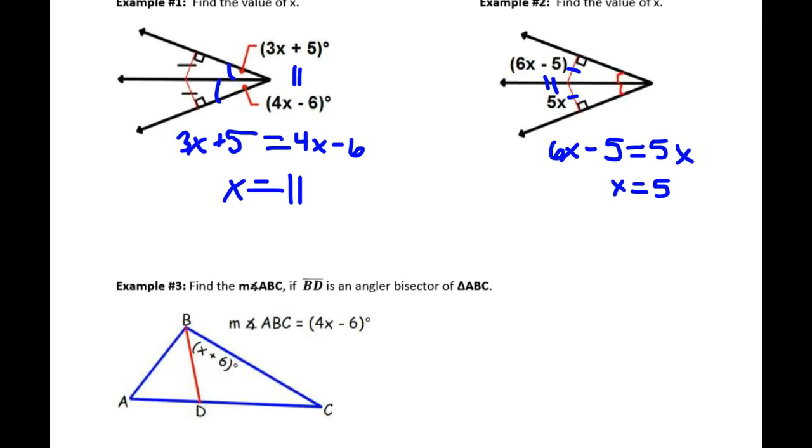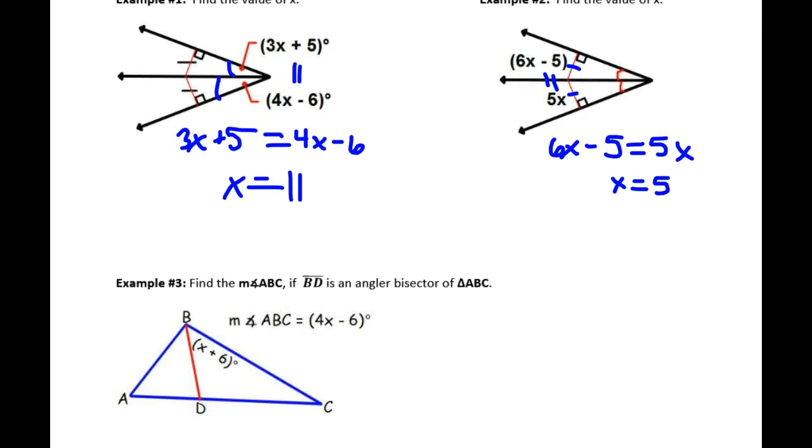Alright, example 3. We want to find the measure of angle ABC if BD is an angle bisector of triangle ABC. The measure of angle ABC is 4x minus 6, and I know that BD is an angle bisector, so that means this angle is going to be congruent to this angle.